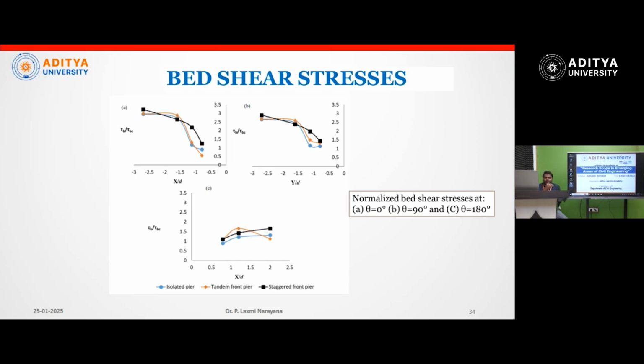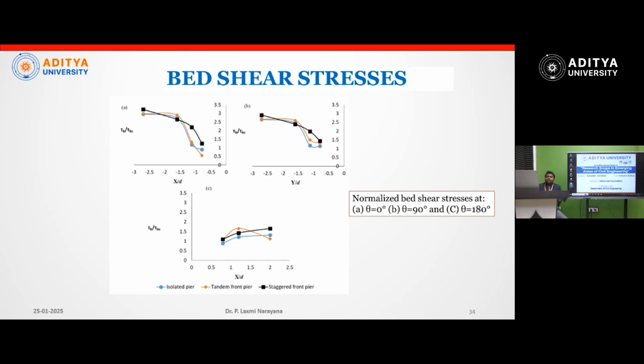In A, we can see in front of the pier, it exactly reaches the equilibrium condition. That's why the single, tandem and staggered cases all merge into one. So it means it reached the equilibrium condition, with particles on the verge of motion. That is the meaning of the equilibrium condition.